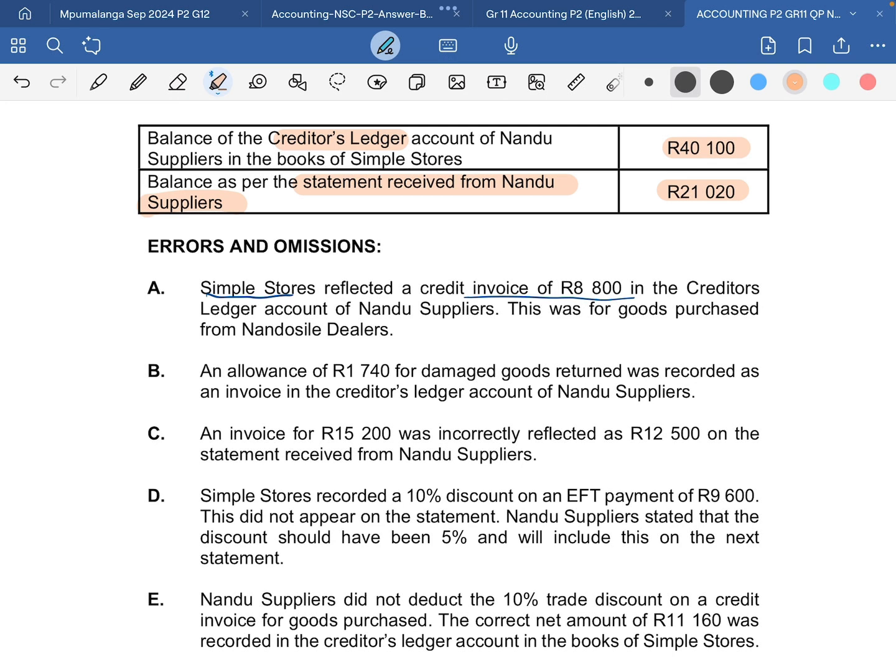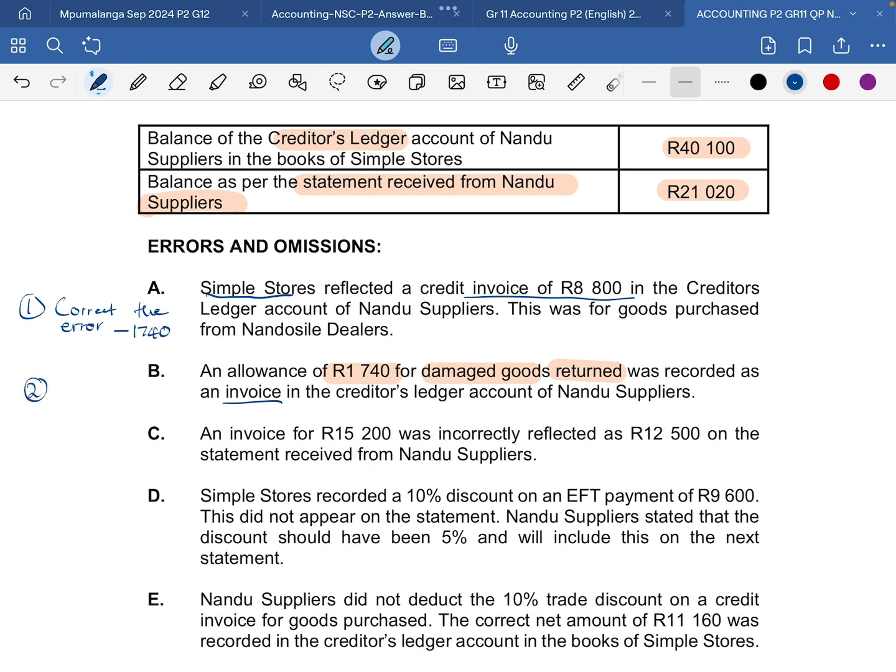Now let's have a look. So the 1,740 was for damaged goods, so this is a return, right? We know that a return is supposed to decrease what we owe, but now it was recorded as an invoice. Since it was recorded as an invoice, the first thing that we need to do is to correct the error, right, by removing the 1,740 that was recorded as an invoice.